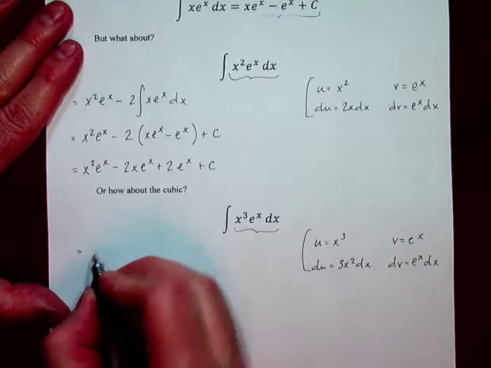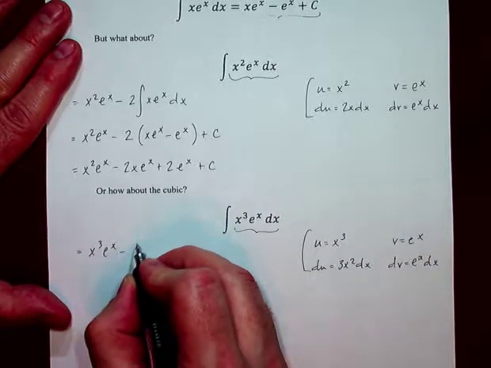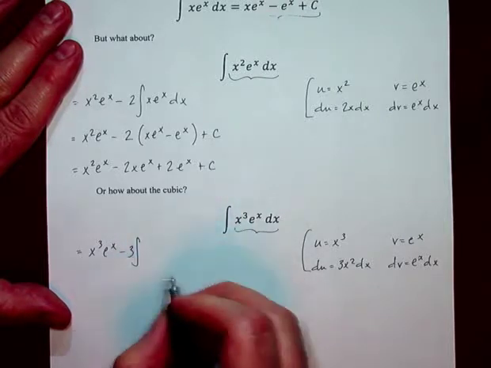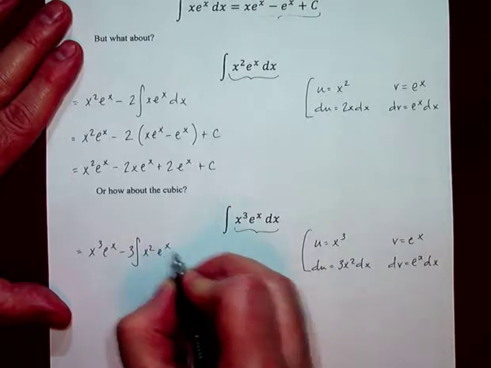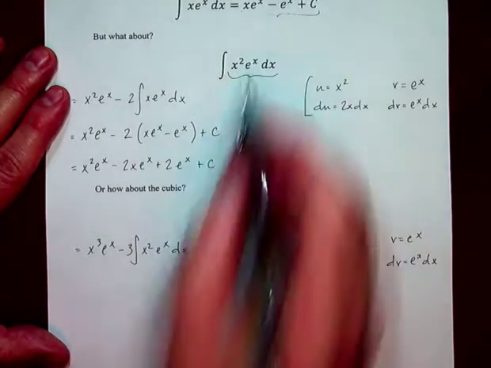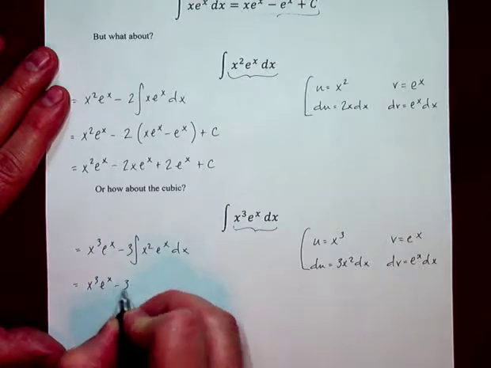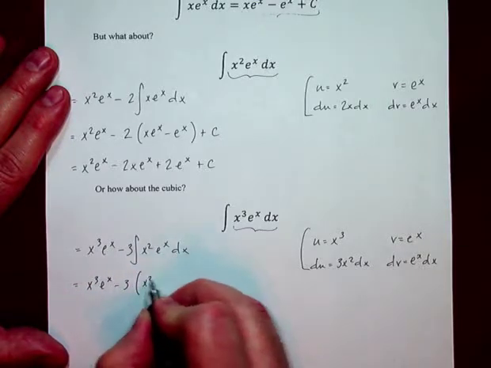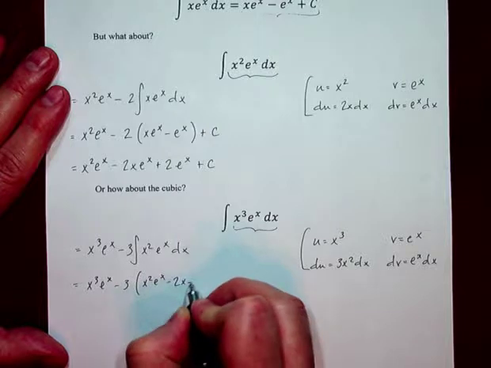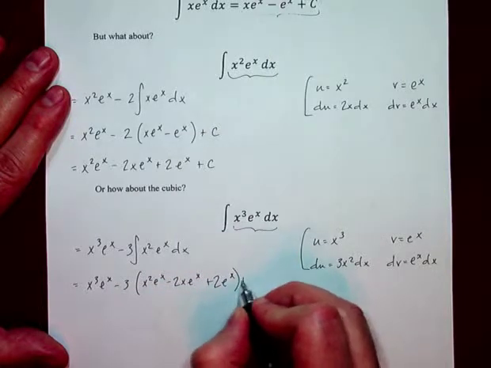And you say, okay, well, uv, x cubed e to the x minus 3 times the integral of x squared e to the x dx. Well, I happen to have this integral right up here, so we'll plug it in just to save time. And you get negative 3 times x squared e to the x minus 2x e to the x plus 2 e to the x plus c.